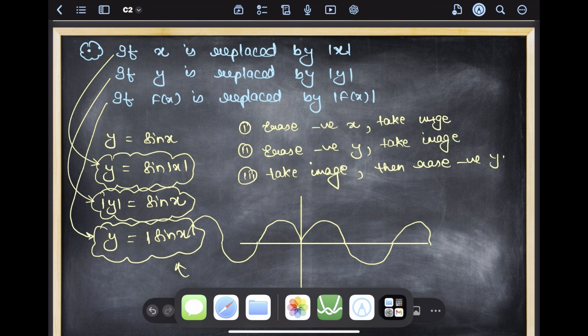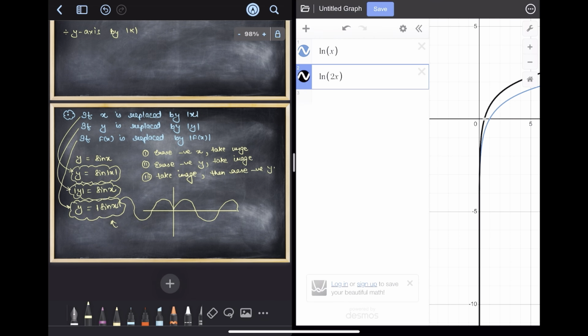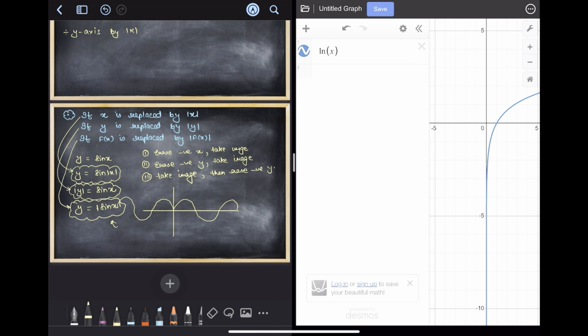Look at here. Okay, we have ln x. So we will go with ln only. So my point is, look, this is ln x. So we have to erase the negative part. In the negative part you don't have anything, correct?